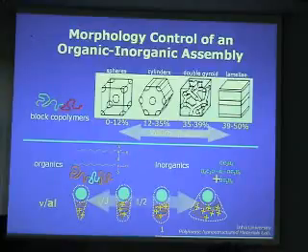If we change the amount of inorganic addition, we can change the volume ratio between the hydrophilic and hydrophobic parts, and we can change the packing ratio between the two. Then we can change the morphology of this self-assembled nanostructure by using different mixing ratios.